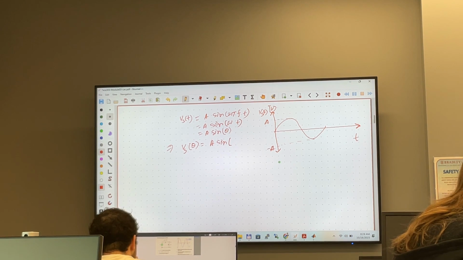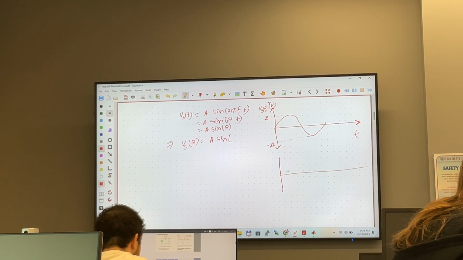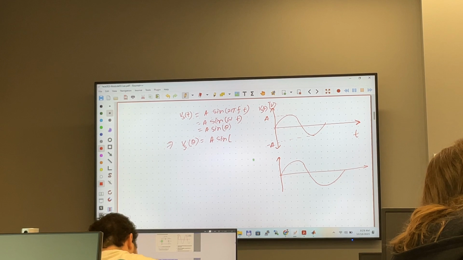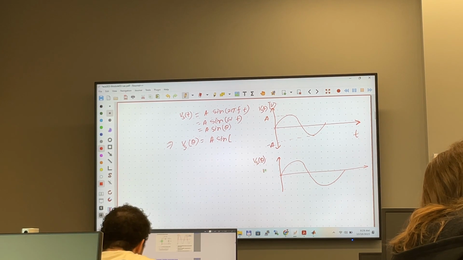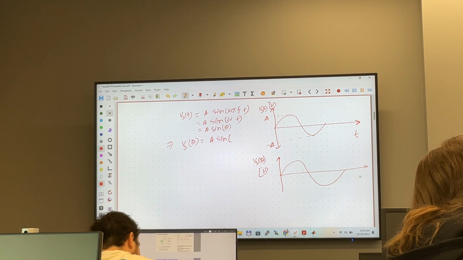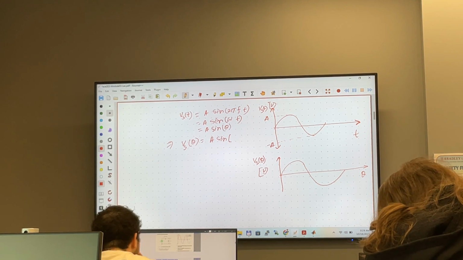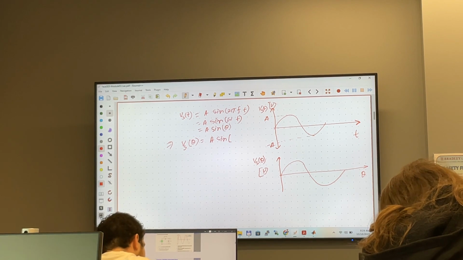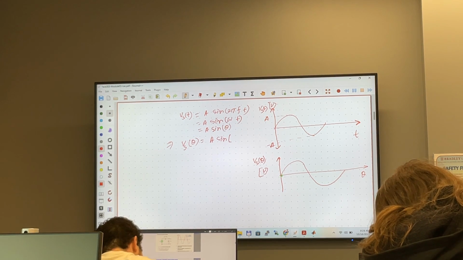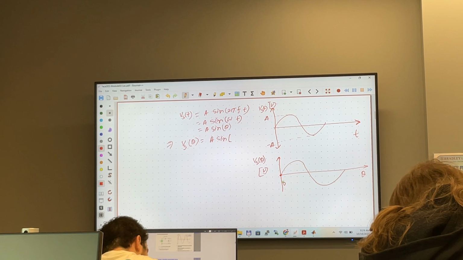Now we can actually draw this, where the y-axis is going to be V sub S at angle theta. Again, the unit is volt, and the x-axis is going to be theta. Theta you can put in degrees or in radians. Theta here is going to be 0.